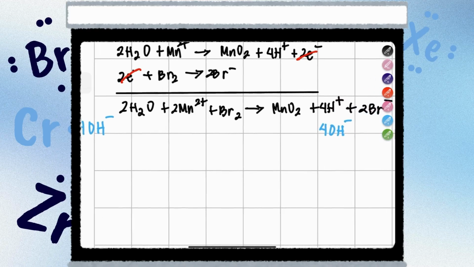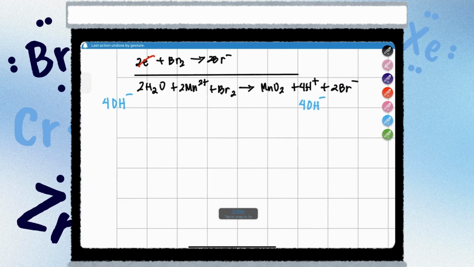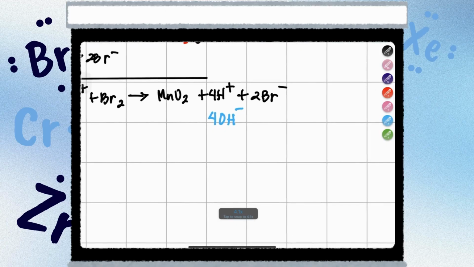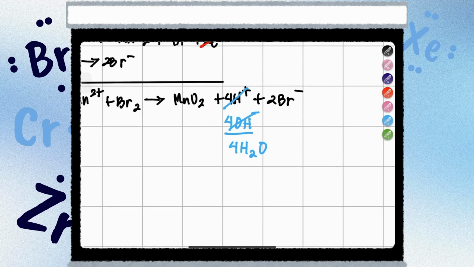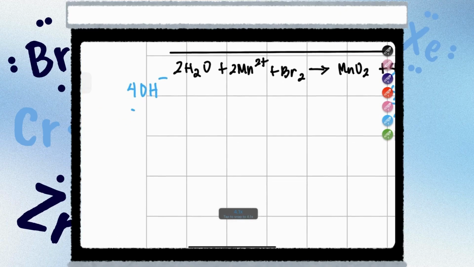Since wala naman siyang katulad, kailangan natin ilagay sa space, yung space na walang katapat siya. So, kapag nag-react itong dalawa, magkakaroon tayo ng 4 H2O molecules. So, cancel out na to. So, 4H2O na siya. While dito is as is lang siya.